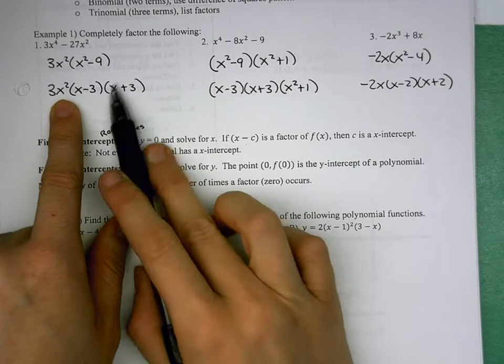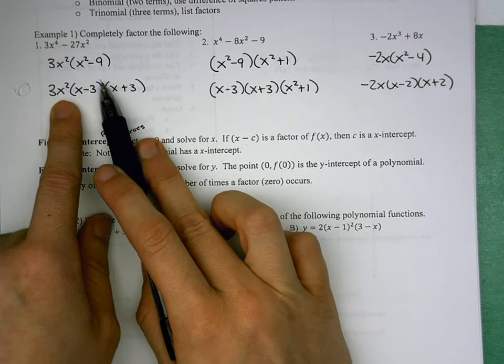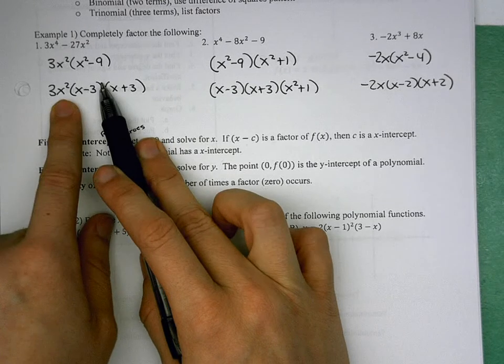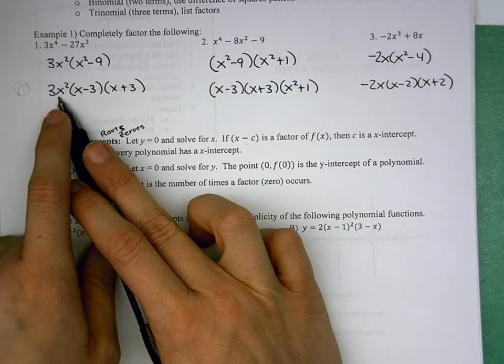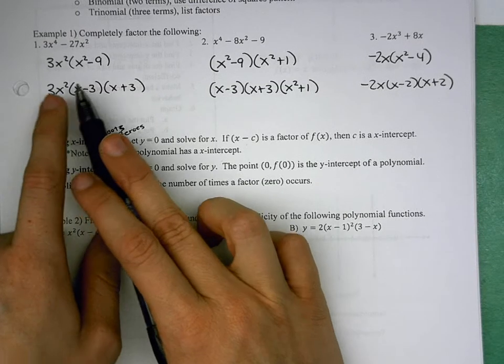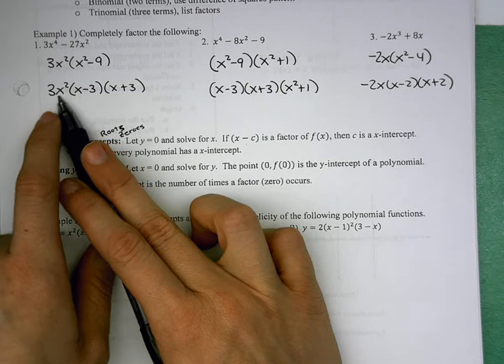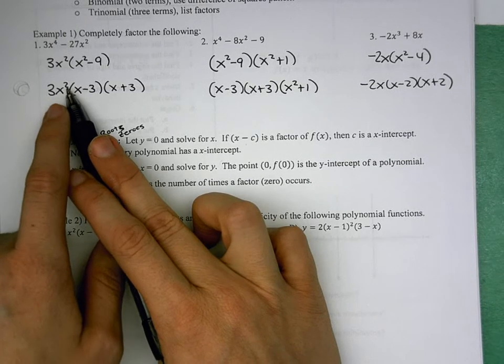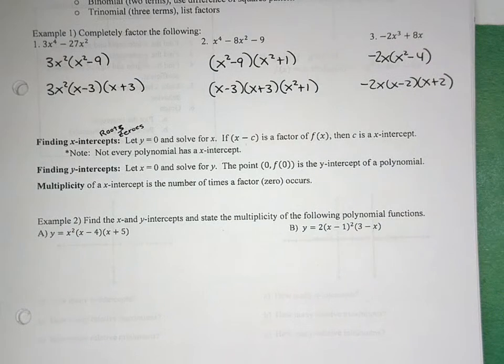So it only occurs one time. We have an x-intercept at positive 3. It has a multiplicity of 1. And then back here out front, we have an x-intercept at 0, but that 0 occurs twice. Right? So 0 has a multiplicity of 2. Okay? And so that's all multiplicity is.